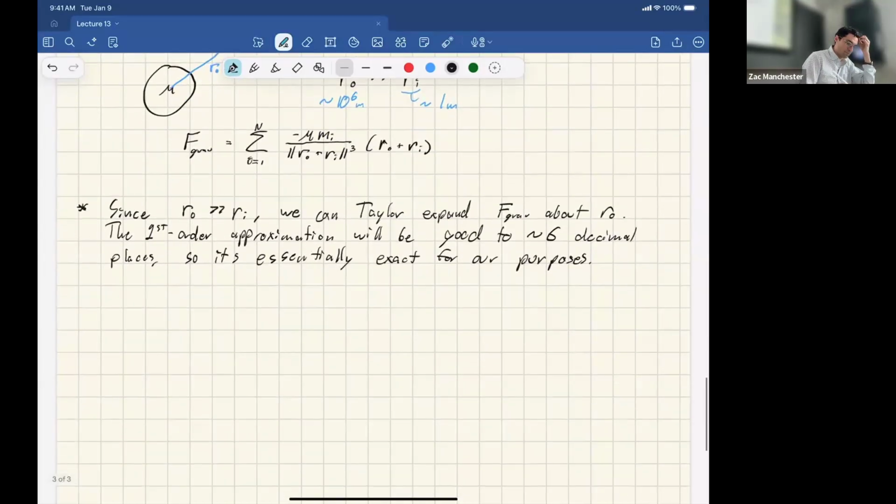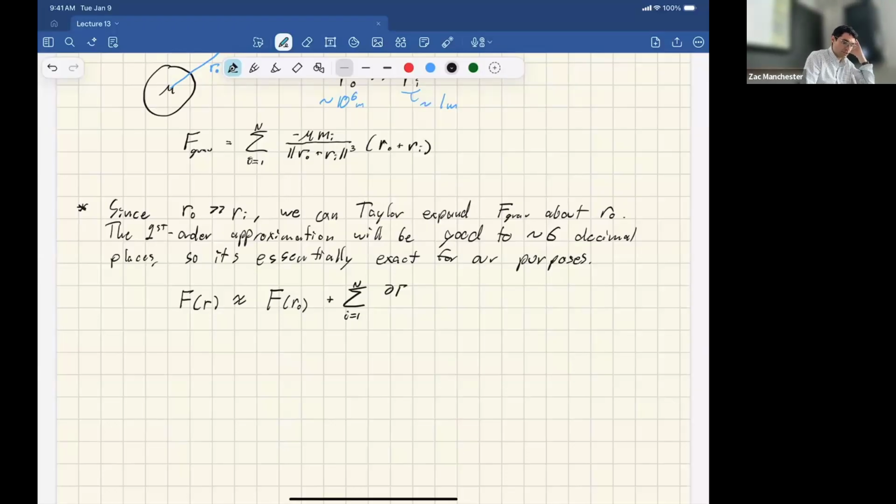Okay, so the cartoon version of this that we're going to do. The cartoon, I think, should be clear. We've got this force as a function of r, and it's going to be approximately just the force computed about r naught. So if I just lump it all into a point mass, that's it, plus some sum over these little masses.